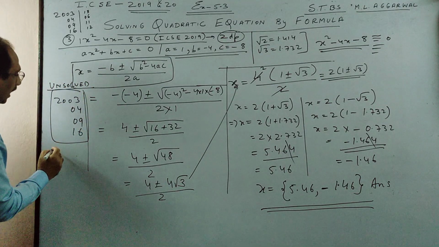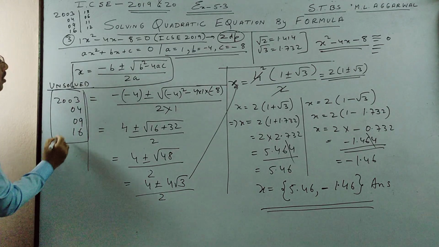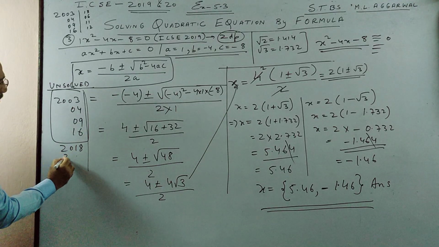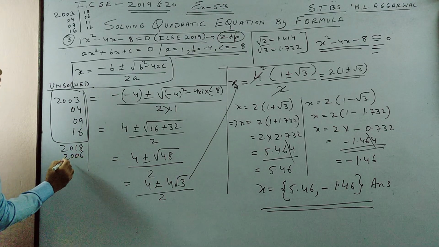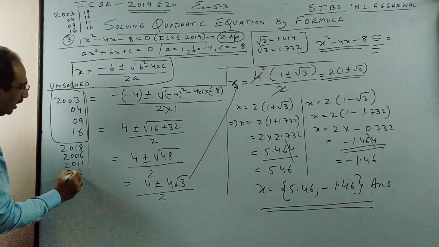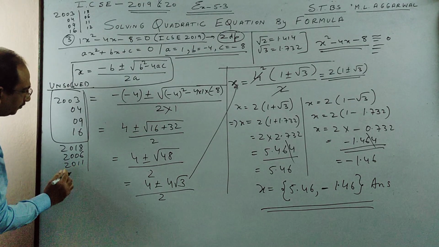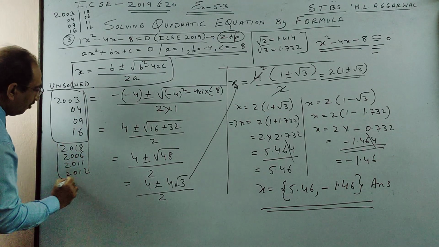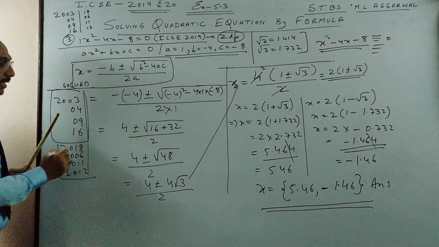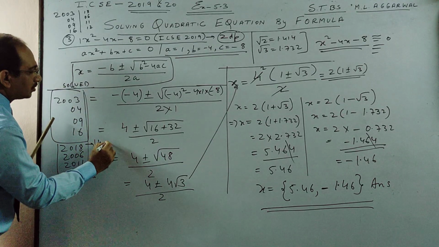Okay, and you have to solve 2018, 2006, 2011 and 2012. So 4 are solved for you. Sorry, these are solved examples and these are unsolved.